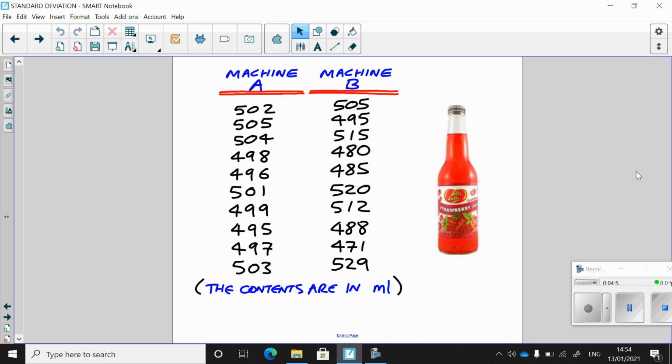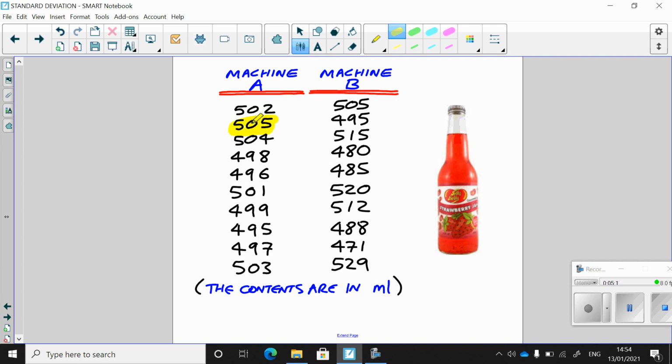For machines A and B, the information you now have is that the mean is 500 mils. So what you're looking at is, for machine A, what's the biggest number, and what's the smallest number?